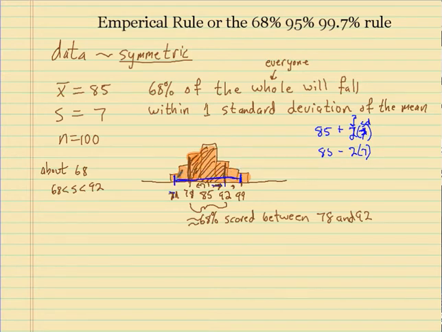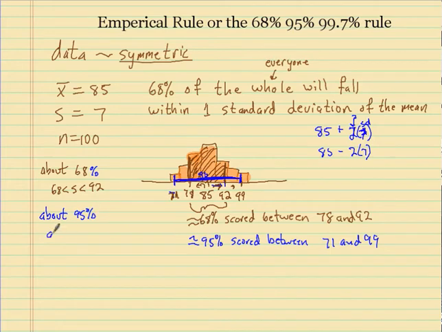All the people contained within these 2 scores will be about 95%. So about 95% scored between 71 and 99.